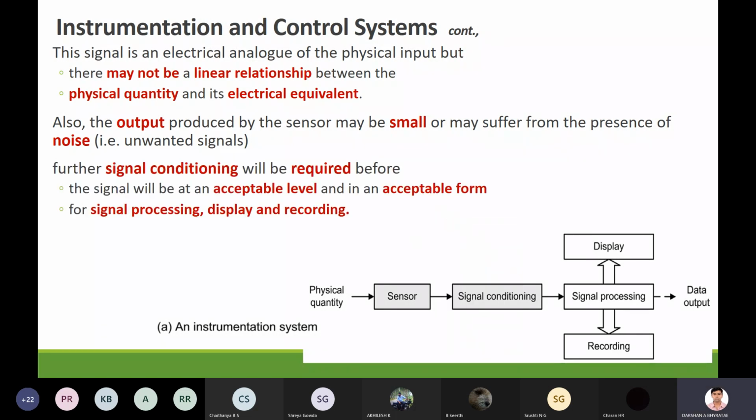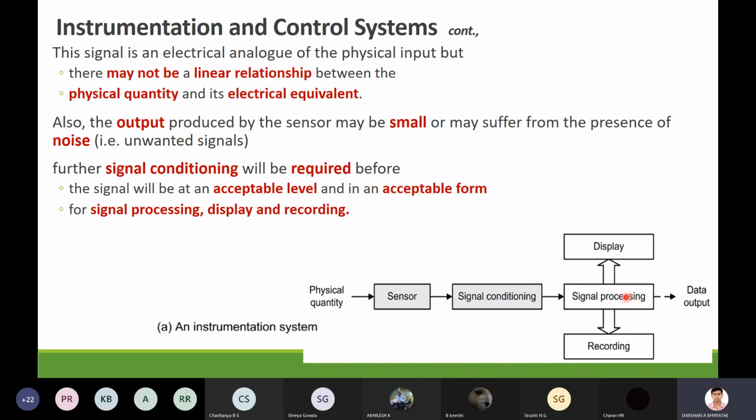If it is greater than or equal to 5 millivolts, then it is going to process to the next level. Only if it is greater than or equal to 5 millivolts is it accepted. If it is less than 5 millivolts, it will not be considered. At the signal conditioning it will check the condition of the output of my sensor, and based on that, it will consider and do the process.